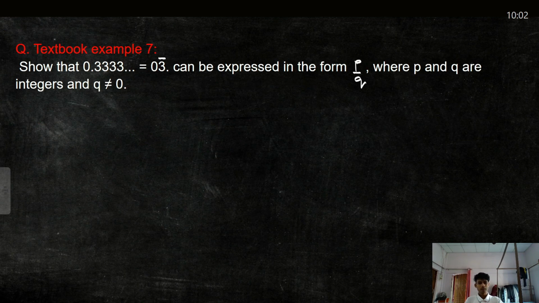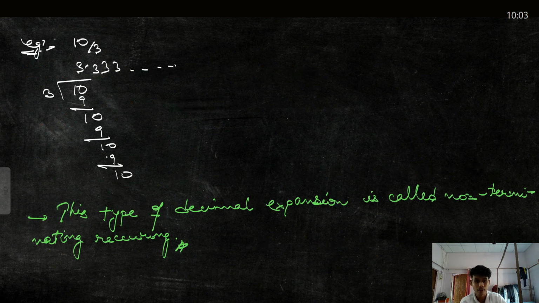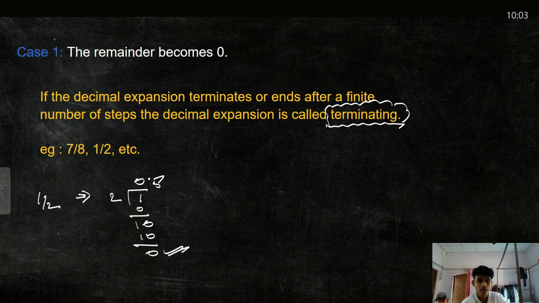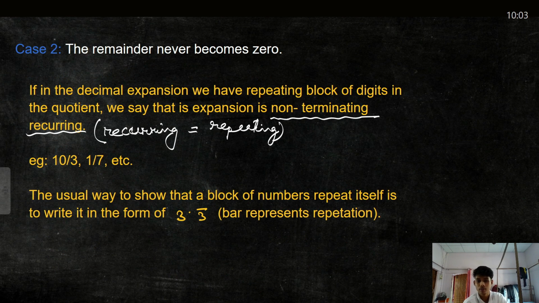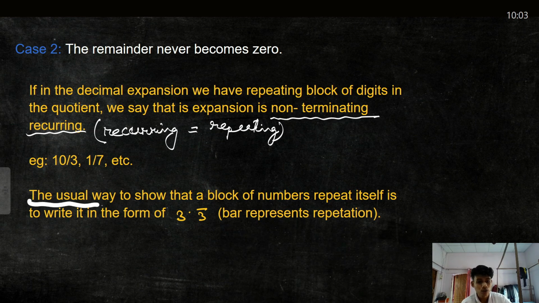Okay, now the next example. Oh yes, one important note that I forgot to tell you all. In terms of recurring, the usual way to show that a block of numbers repeats itself is to write it with a bar.